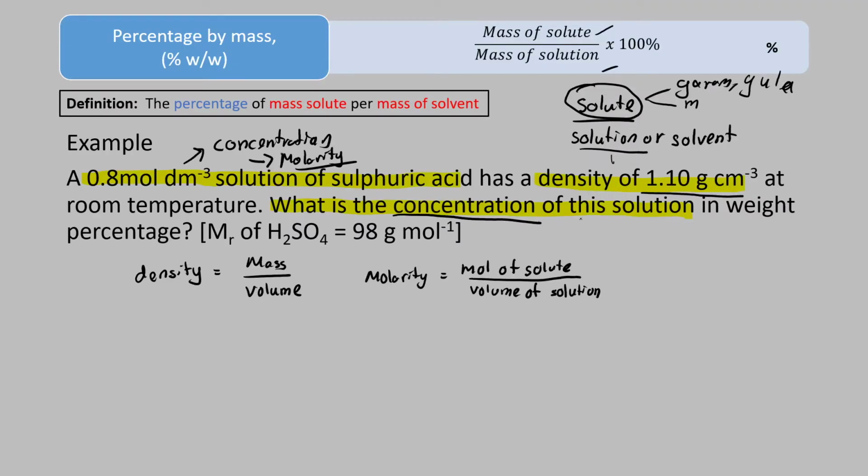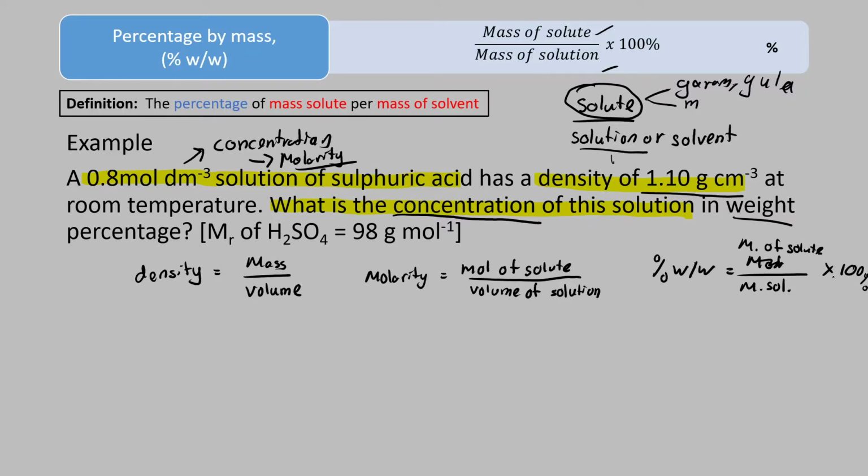Then, what is the concentration of this solution in weight percentage? So it says weight percentage. Percentage by mass is equivalent to percentage by weight, which is the mass of solute over the mass of solution, times 100.